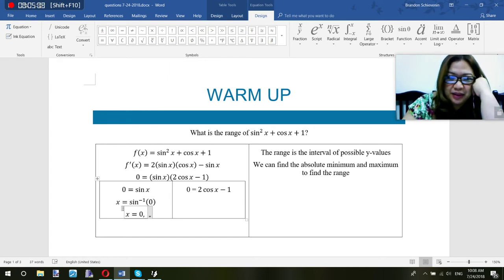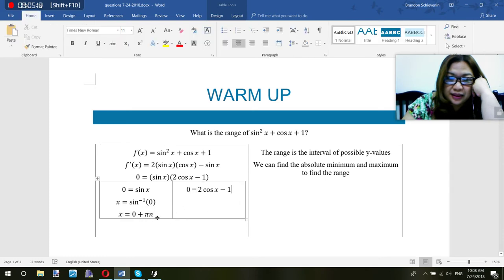Every pi units, we're going to be 0 again. So I could say something like this: 0 plus pi n, where n is any integer. So that'll allow me to go backwards or forwards, but every time that we are pi units away, we're going to hit another place where this angle is equal to 0, right? Okay, so that's a general form that will hit all the points that will make this equal to 0.